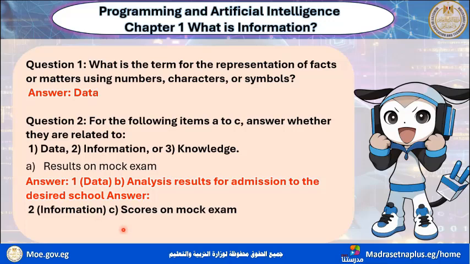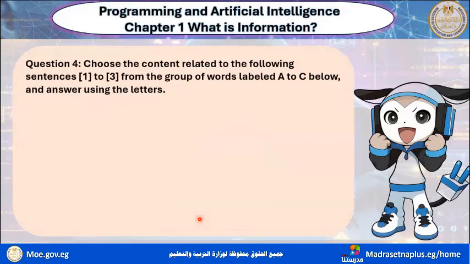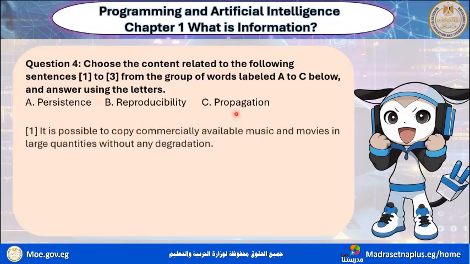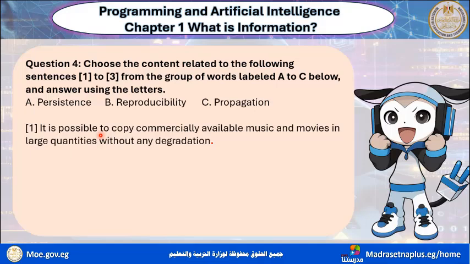And C, question after that, show the content related to the following sentences from 1 to 3 from the group of words labeled A to C below and answer using the letters. A, persistence, B, reproducibility, and C, propagation. Well, number 1, it's possible to copy commercially available music and movies in large quantities without any degradation.